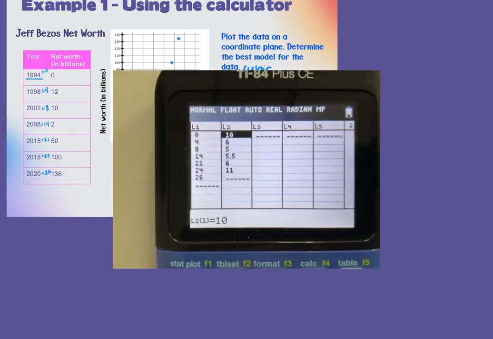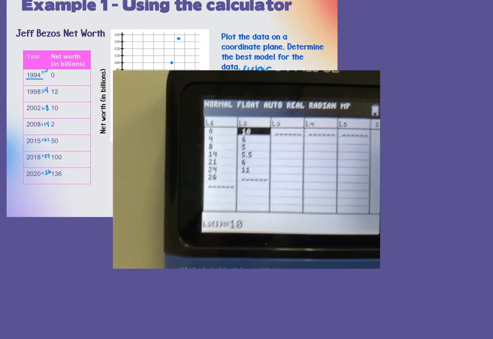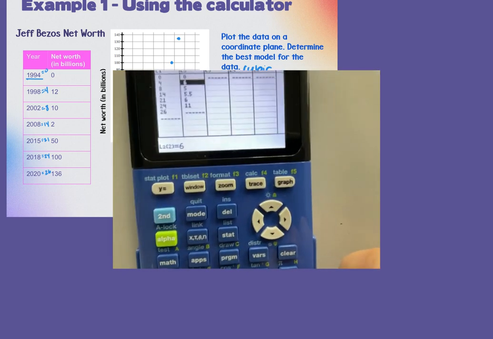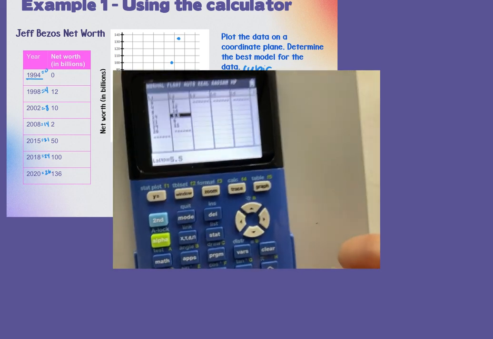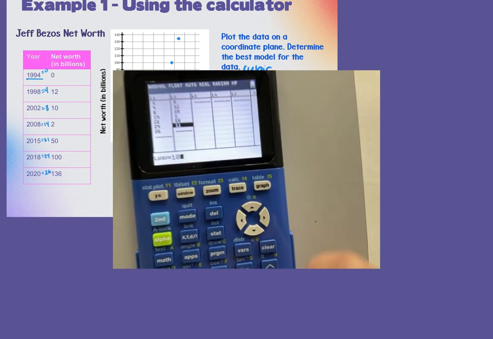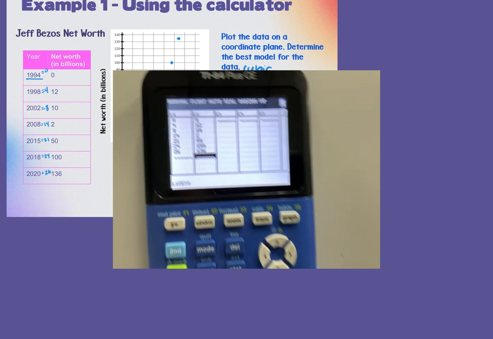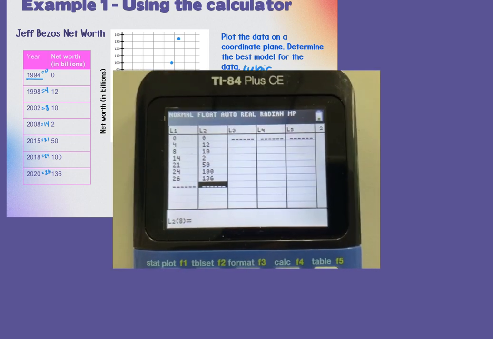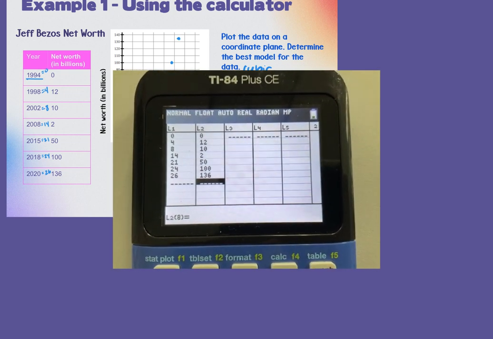And then where it's list 2, I'm going to enter my Y's. 0, 12, 10, 2, 50, 100, 136. So all your data goes in list 1, list 2.